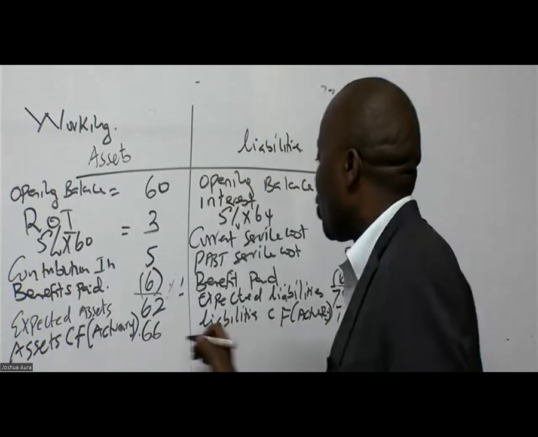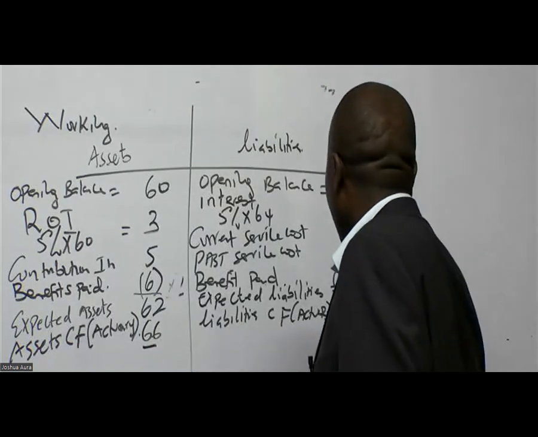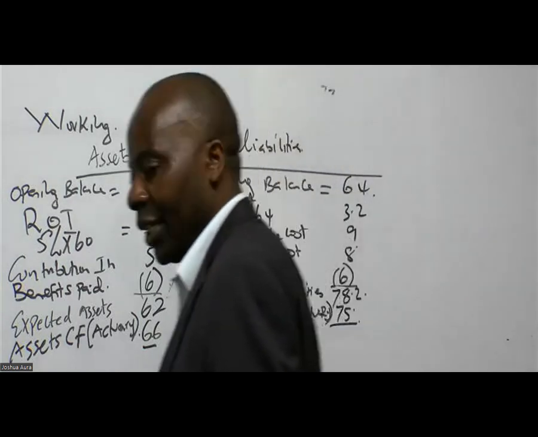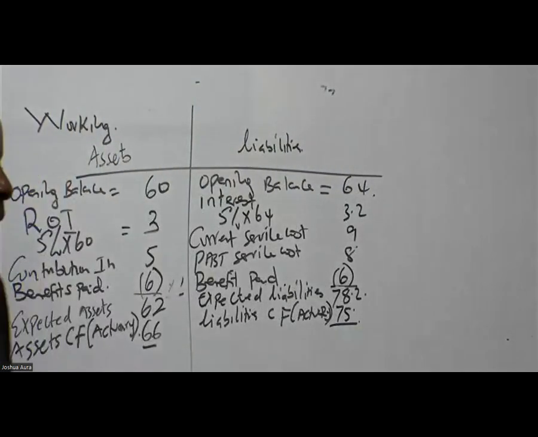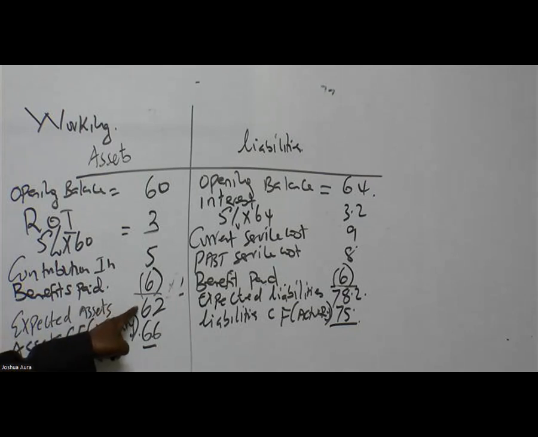So could you kindly give me the remeasurement change? You can see we expected to have assets worth 62. But when this guy came and revalued, he got 66.